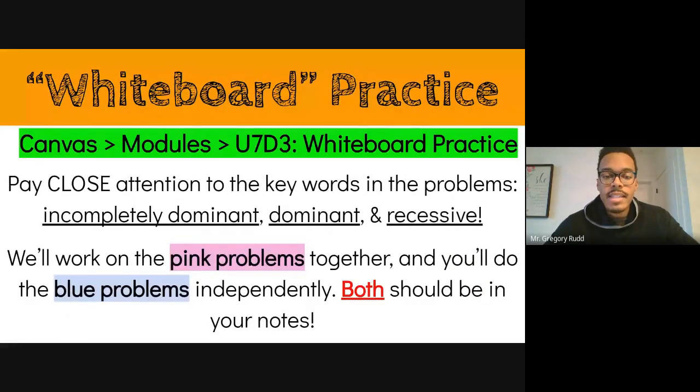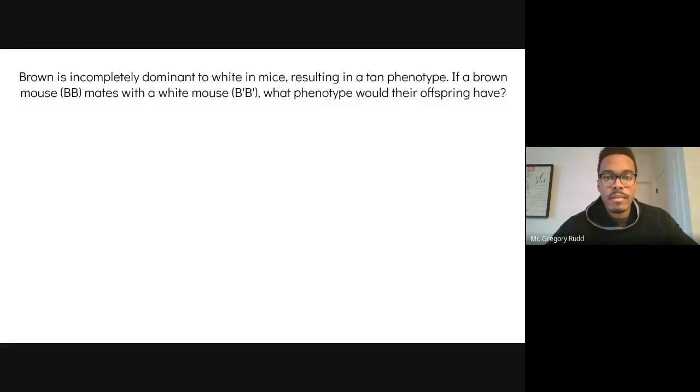There is an assignment on Canvas that is going to help you all practice with all three types of these inheritance patterns: incomplete dominance, complete dominance, and then one more that we'll talk about later called codominance. So this is the first question of that assignment. If you write this down, then you'll automatically have your answers for this assignment.